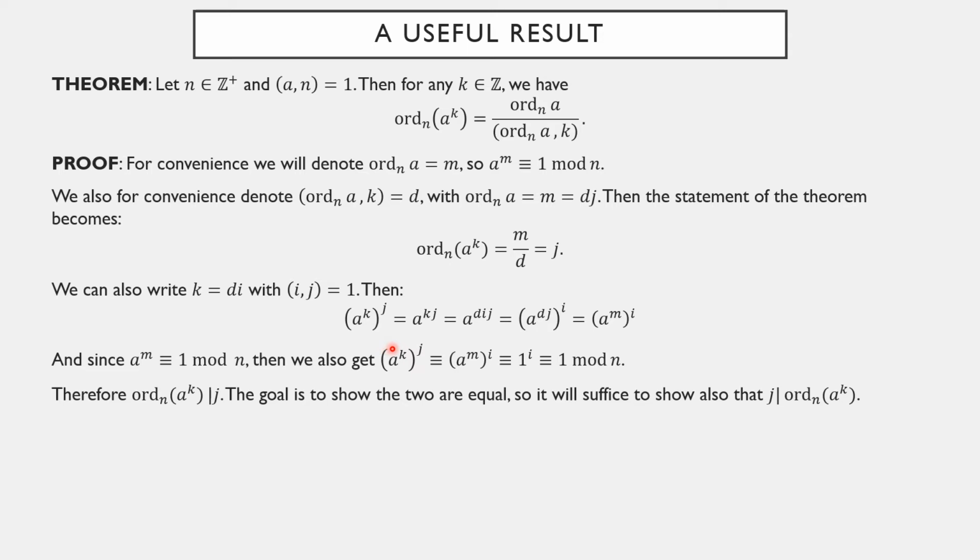This number a to the k, we found a positive power of it equivalent to 1 mod n. Therefore, that power must be a multiple of whatever the order was. We want to show these two things are equal, and we've at least shown that the order of a to the k is a factor of j. If we can show that j is also a factor of the order, then they must be equal, and that will be exactly what we wanted to show.